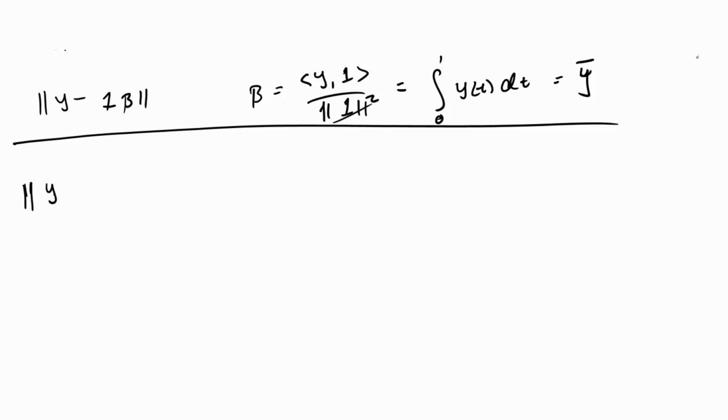Okay, so here we have y minus beta naught, and then just to be consistent with the notation I was using in the previous lectures, let me define j as just a function, j of t equals 1. So let's say y minus beta naught times j minus beta 1 times x, squared.